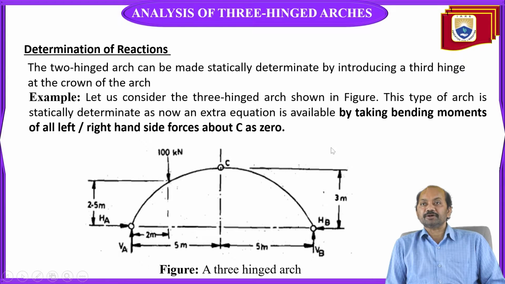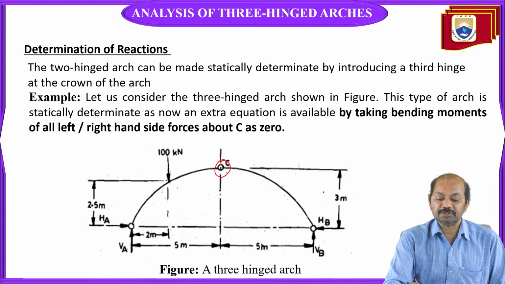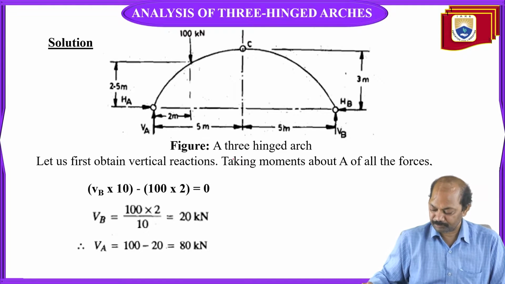Okay, now let us solve problems. Suppose a two-hinged arch. The two-hinged arch can be made statically determinate by introducing a third hinge at the crown of the arch. This is the third hinge.